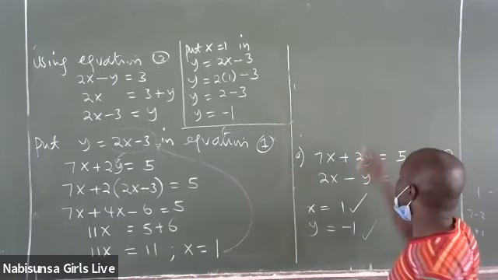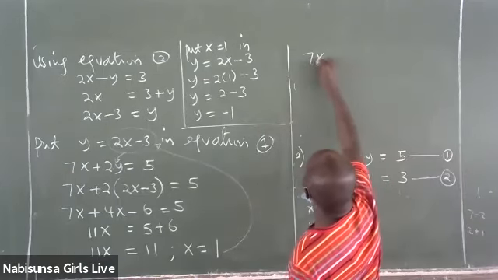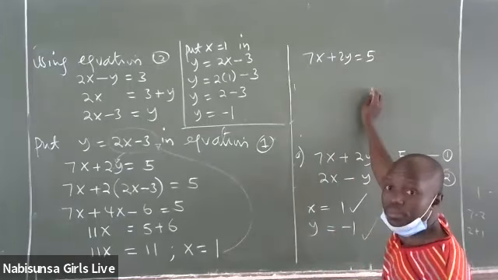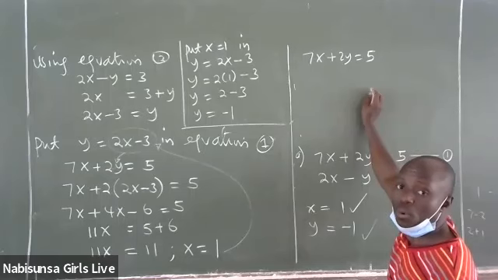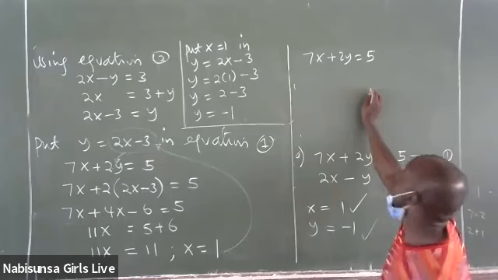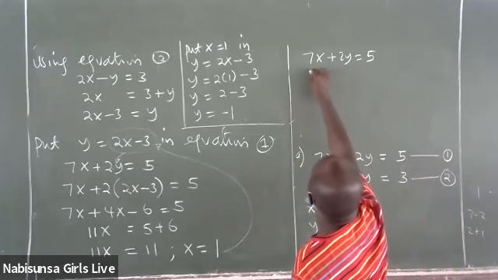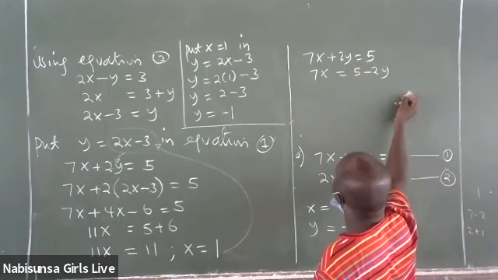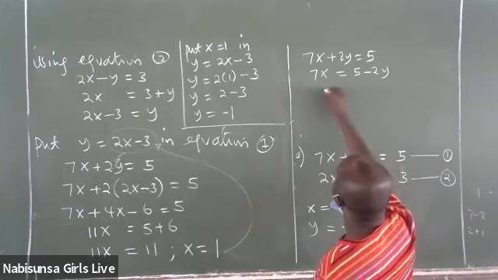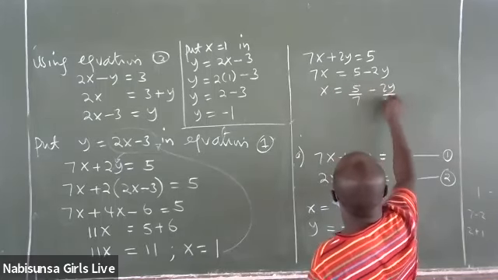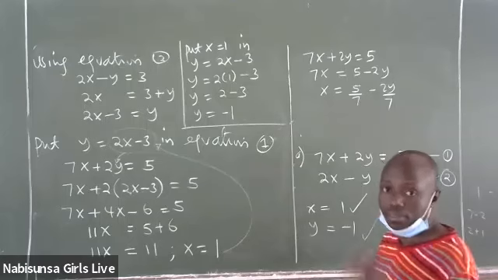Yes, I used the equation 1. Equation 1. And what did you make the subject? X. X, eh? So did you do something like 7x is 5 minus 2y? Did you get something like that for x?